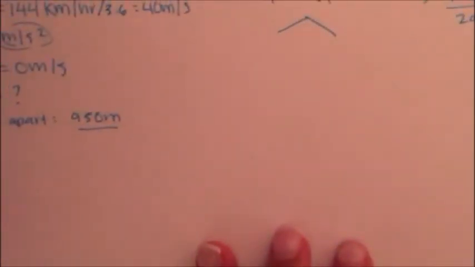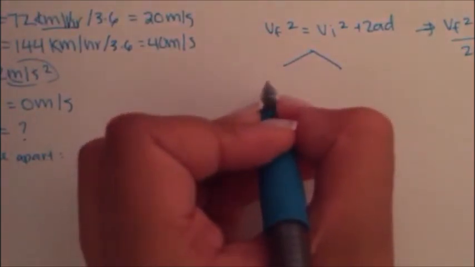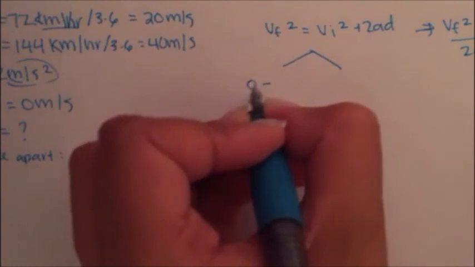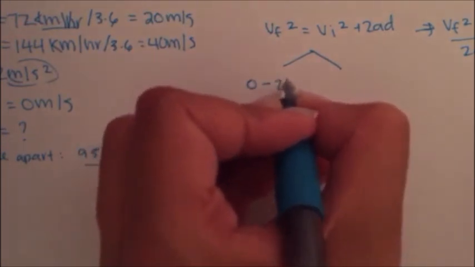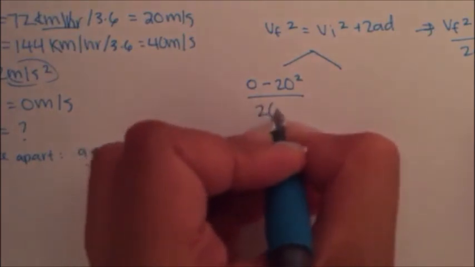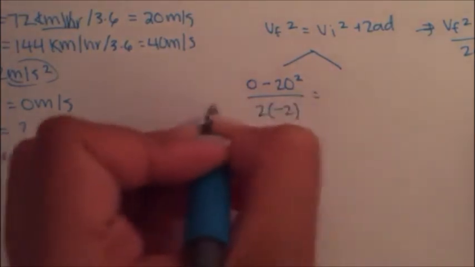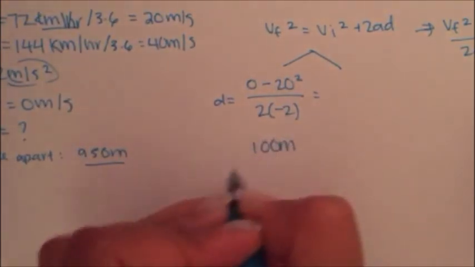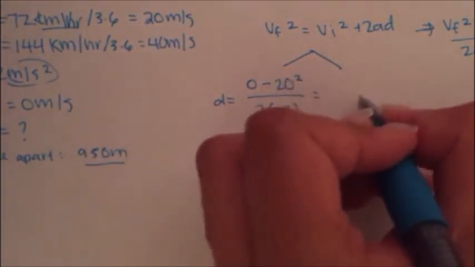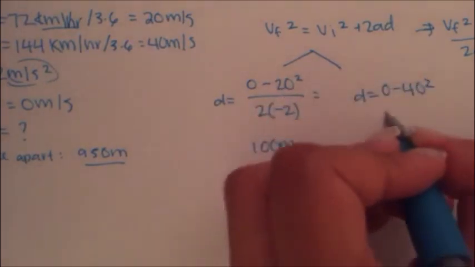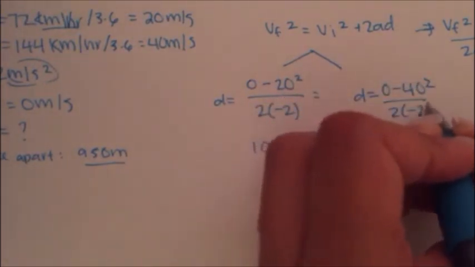Okay, so for solving for the red, the final velocity is 0 minus the initial velocity of 20 squared, divided by 2 times the acceleration, which is going to give us 100 meters for the red train. Same thing for the green: distance equals 0 minus 40 squared divided by 2 times -2.